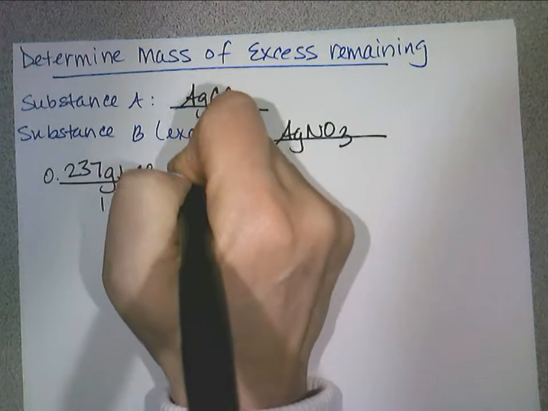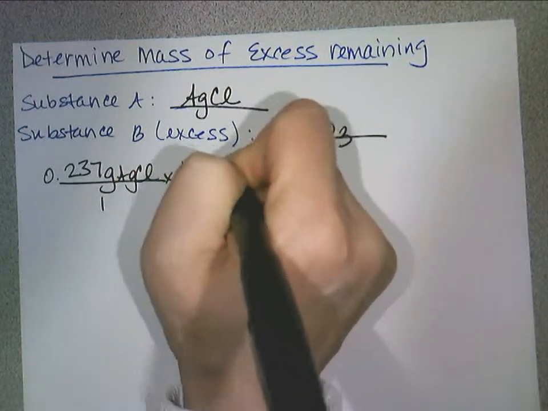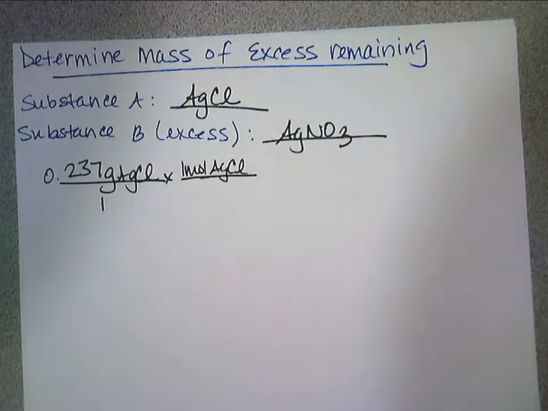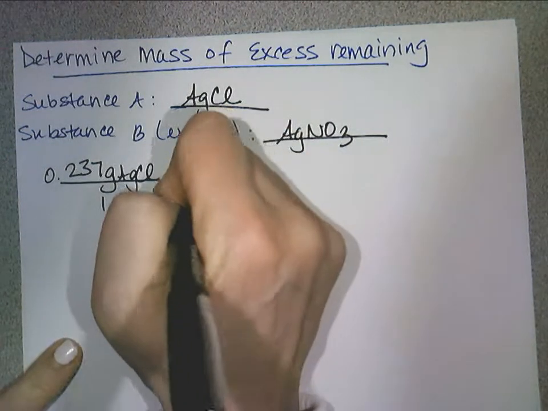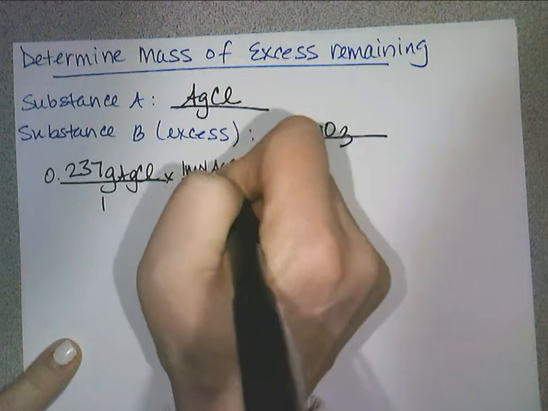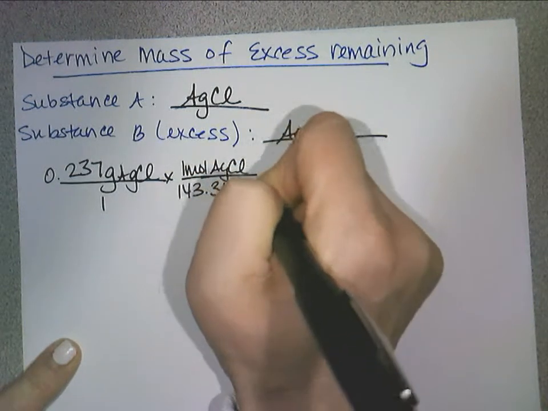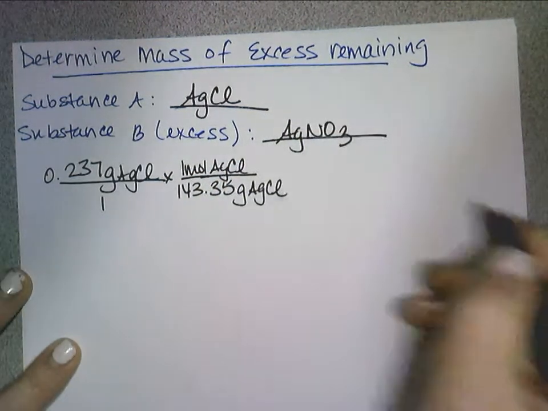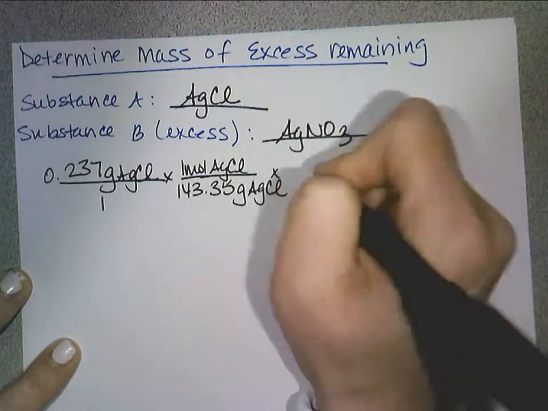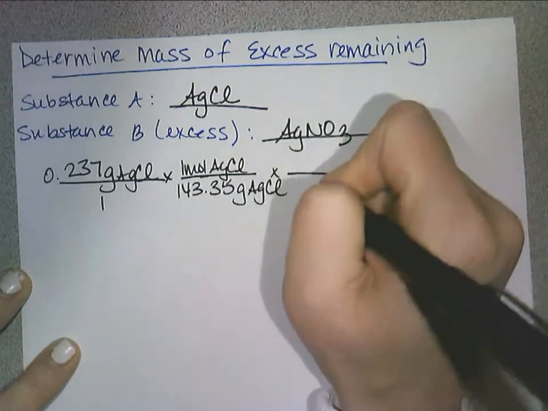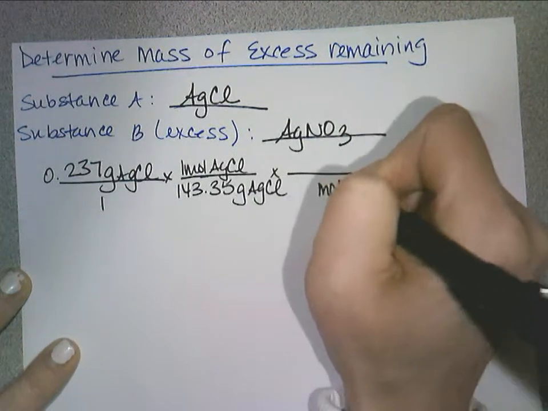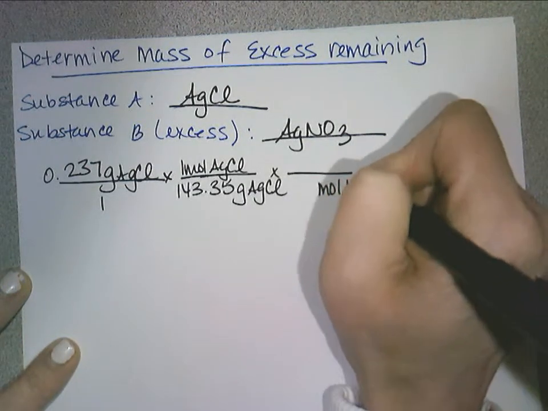And so in 1 mole of AgCl, the molar mass is 143.35 grams of AgCl. And then we'll go back to the balanced reaction to find a mole ratio. So we want the moles of AgCl to cancel.